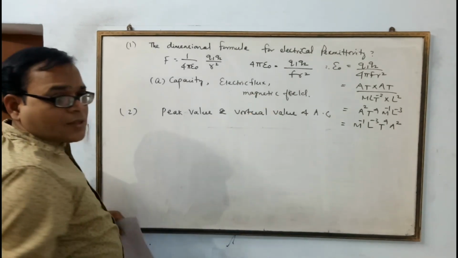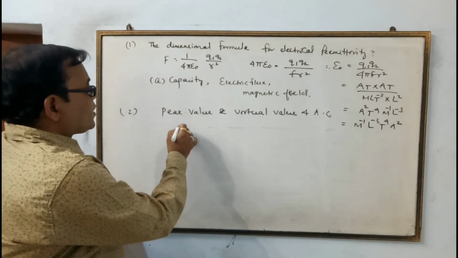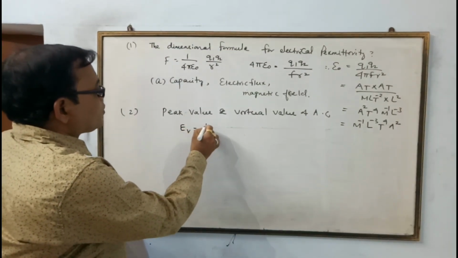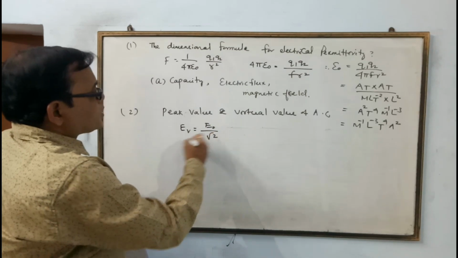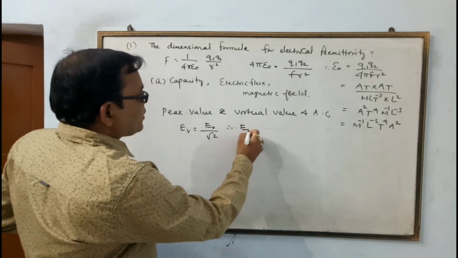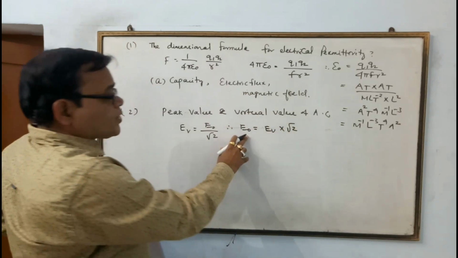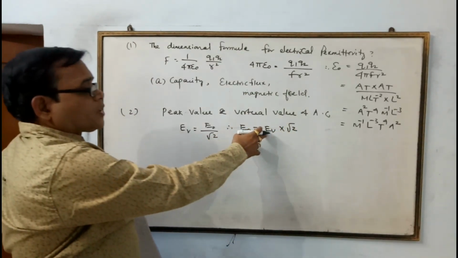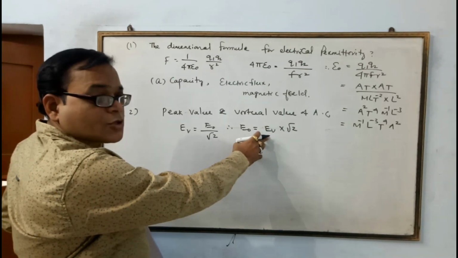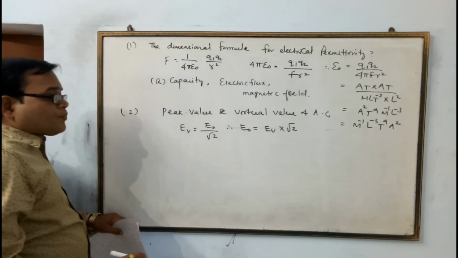We know the formula that virtual value of AC is E virtual is equal to E0 upon root 2. Therefore, E0 is equal to E virtual into root 2. If we know the value of E0, then we can calculate E virtual. If we know the value of E virtual, then we can calculate the value of E0.